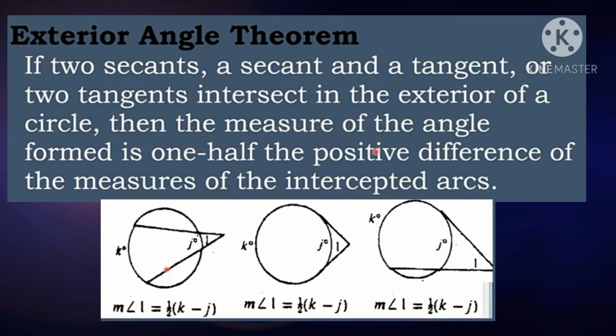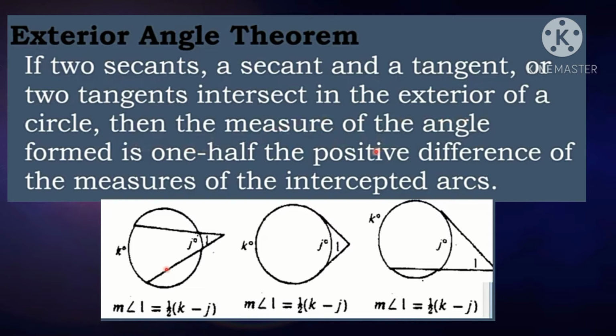Based on the theorem, I have a figure below. The first figure shows two secants, the second figure shows two tangents, and the third figure shows a secant and a tangent. The angle formed is angle L, and based on the theorem, the measure of angle L is equal to 1/2 of the difference of the intercepted arcs.